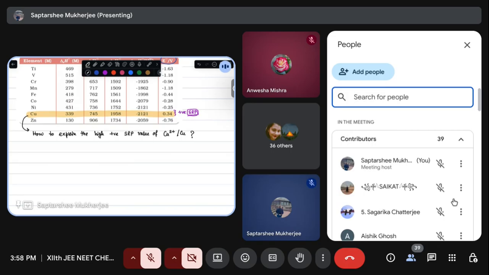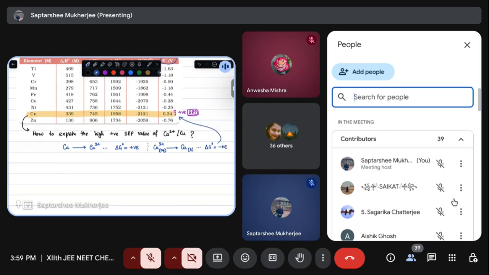First of all, we have to understand that from copper to copper plus 2, delta G naught must be positive, because for copper plus 2 to copper, aqueous to solid, delta G naught is definitely negative.